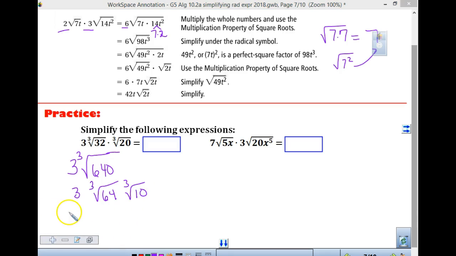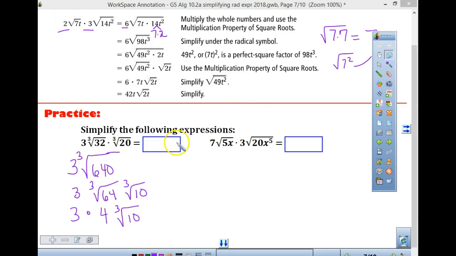So 3 times the cube root of 64 is 4 times the cube root of 10. So the answer that they are looking at should be 3 times 4 gives us 12 times the cube root of 10.